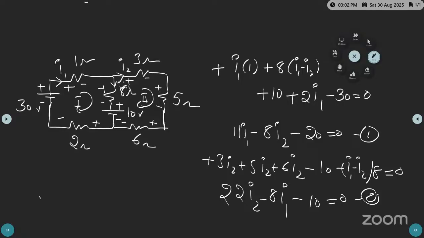Okay. How can you solve these two equations? You multiply equation 1 with respect to 22 and multiply equation 2 with respect to 11.